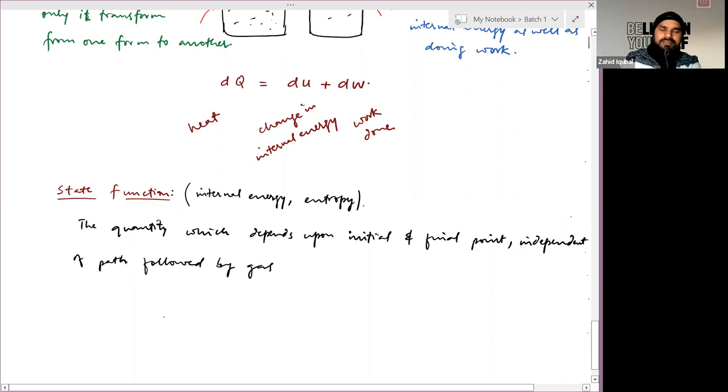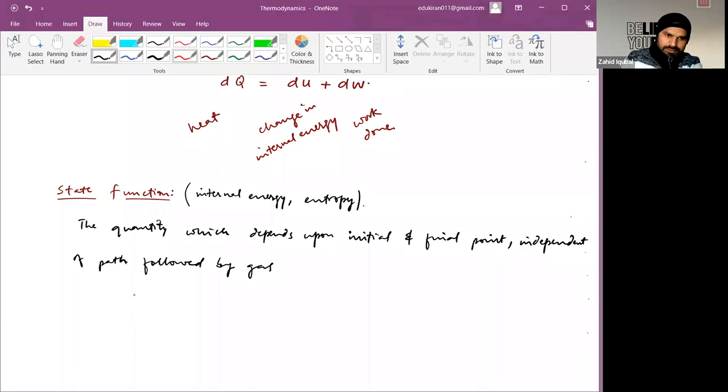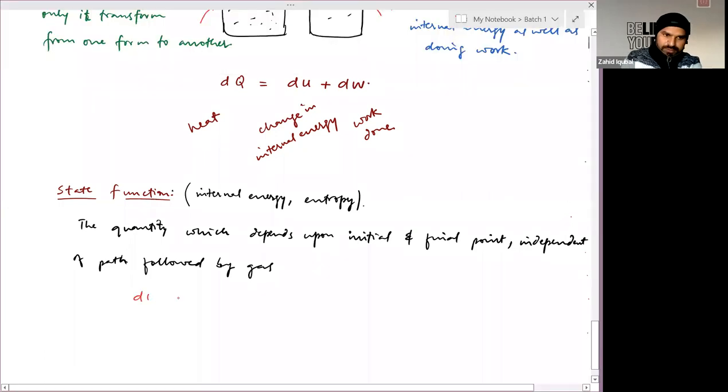That is called a state function. So first is internal energy. dU equals n Cv dT, where Cv is called molar specific heat at constant volume.